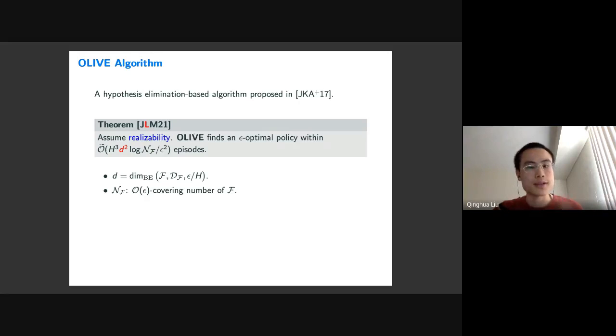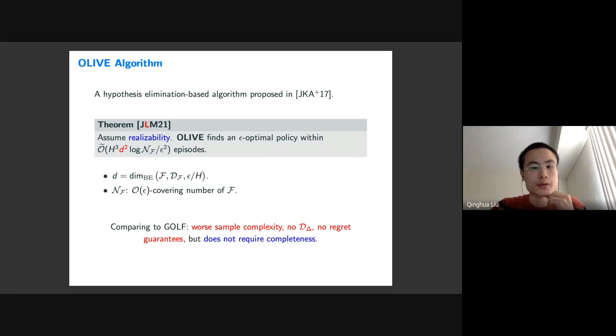We don't need the completeness assumption. We prove Olive can find an epsilon optimum policy within this number of episodes, where D is the B dimension and N_F is the covering number. Here we have square dependence on the B dimension, and we can only deal with the B dimension with respect to DF. We can no longer do D delta.